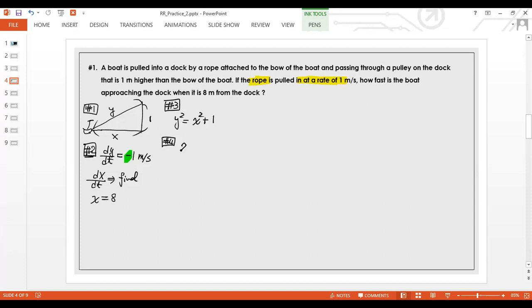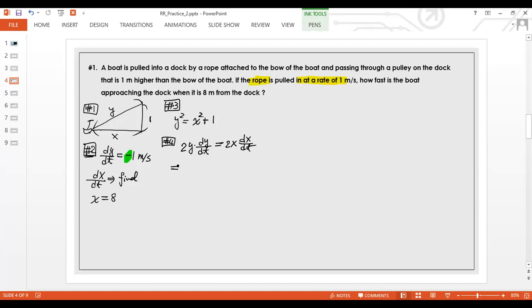So y squared gives 2y dy/dt, and x squared gives 2x dx/dt.